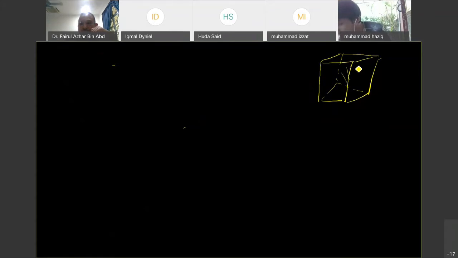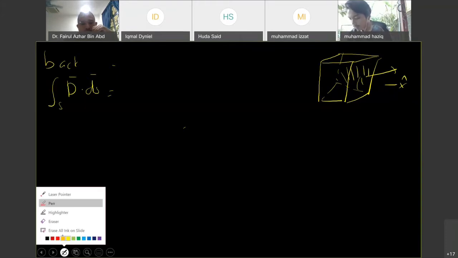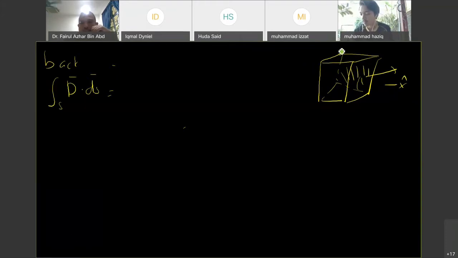So this side. Okay, for the back, the surface integration D dot dS is equal to... on the back side, the direction of the surface is in the negative x-cap. Here we have our z axis, x axis, as well as our y axis.